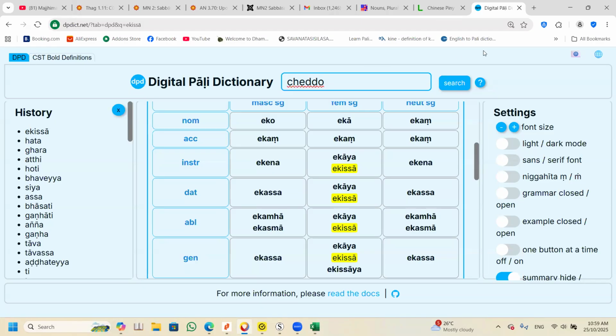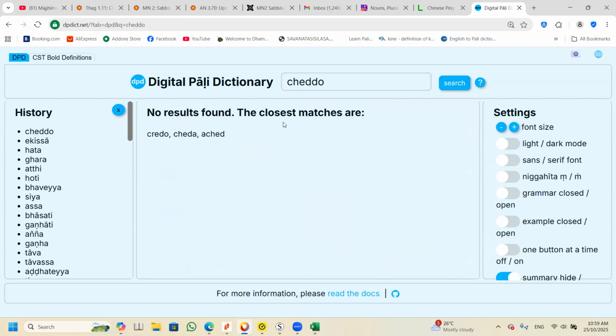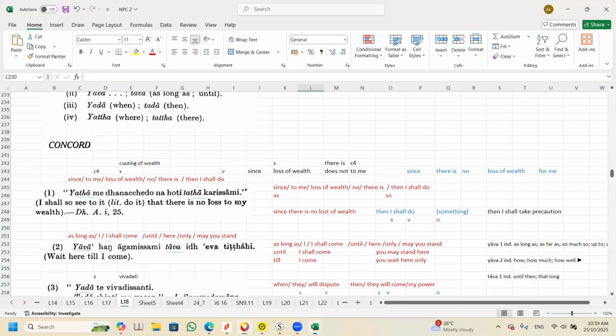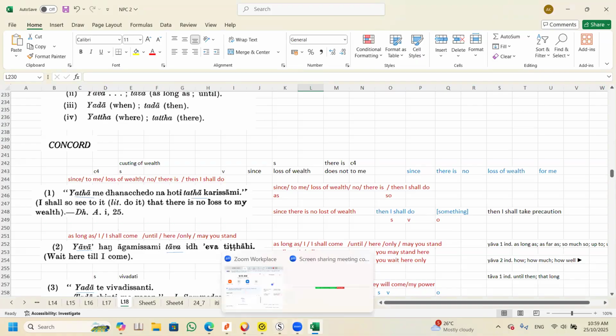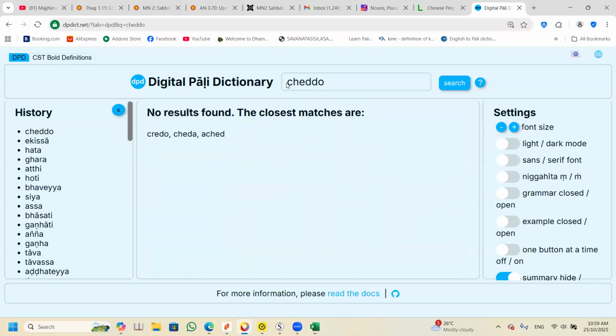Chedo. One more. Okay, I typed something wrong. I have to type in bold, otherwise it cannot come out. Dana is, well, how come it never comes out?